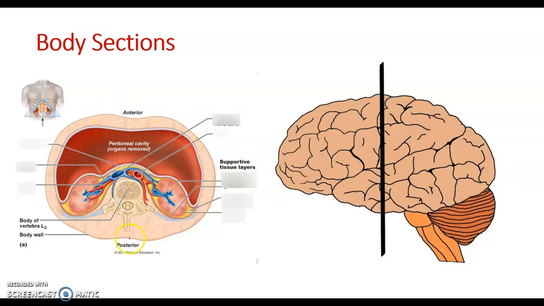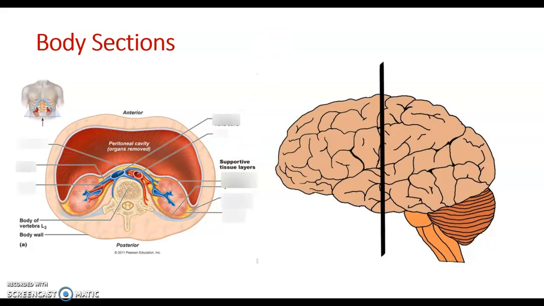So we've got a transverse cut here, and we're looking down at the lower portion of the body. So we can see how the spinal cord and the kidneys and the body cavity and all of the veins and blood vessels interact and sit together within the body.